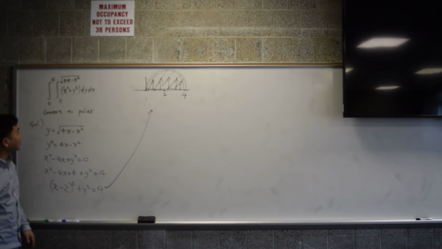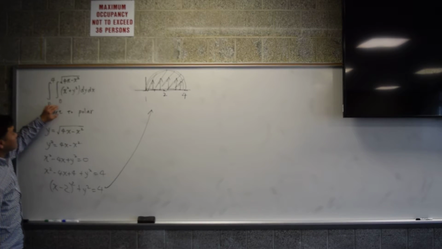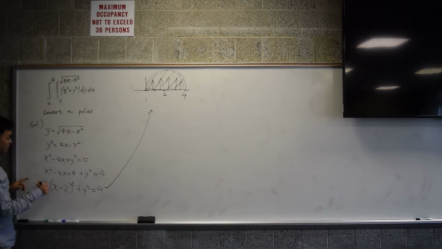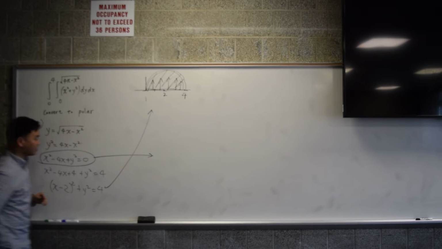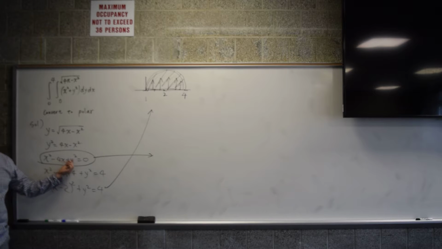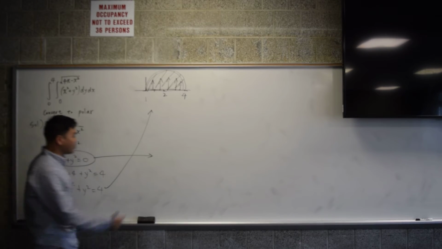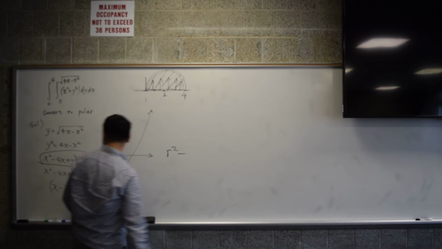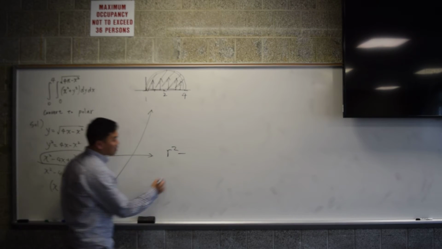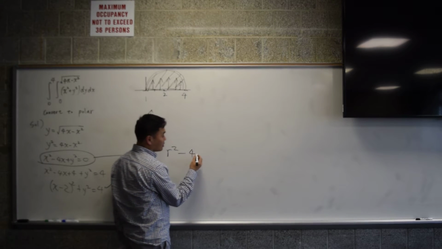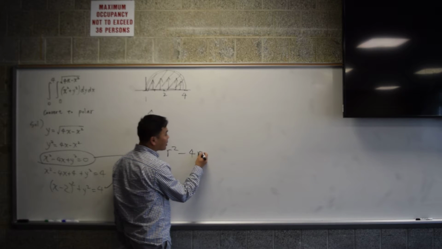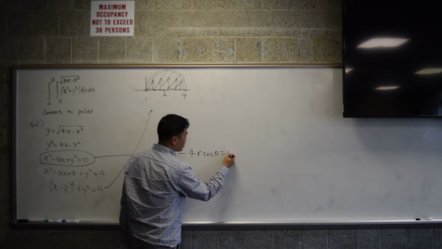Now the second step is to change this into polar coordinates. How do you do that? Well, x squared plus y squared should be replaced by r squared, and 4x should be replaced by 4 times r cosine theta equal to 0.